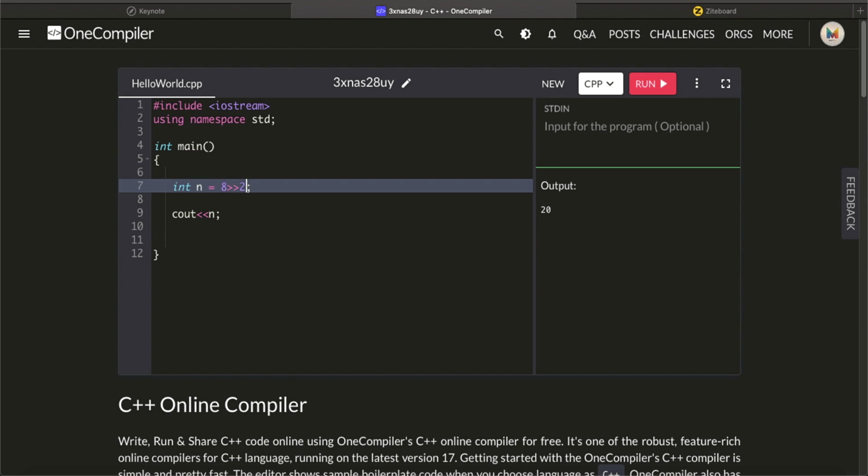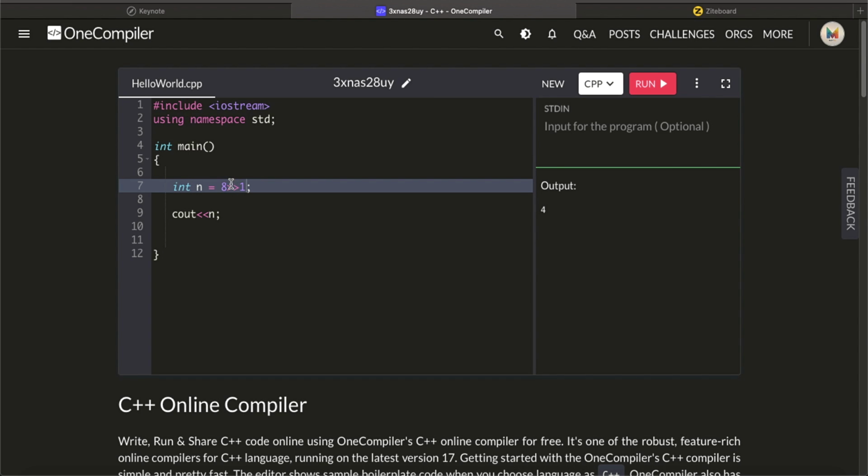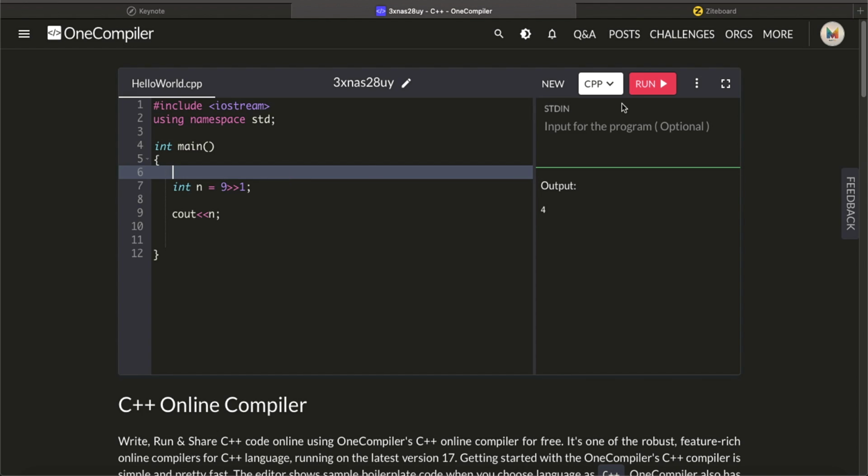Let's right shift it by 1, which should give us 4 according to the slide, and it did give us 4. So that's how it works. And if we do 9, which is an odd number, it'll also give us 4, because we're talking about integers here. It's going to round off to the nearest integer.